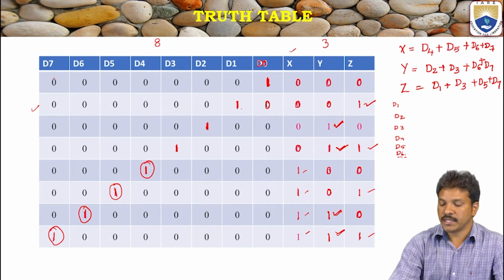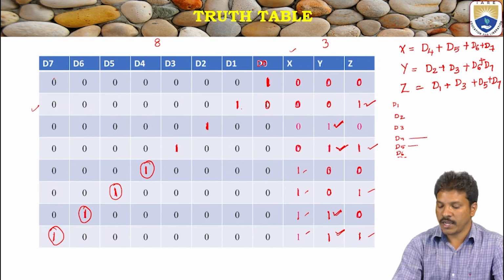What is x? Nothing but 4, 5, 6, 7; we take 4, 5, 6, 7 into an OR gate, represented by x.